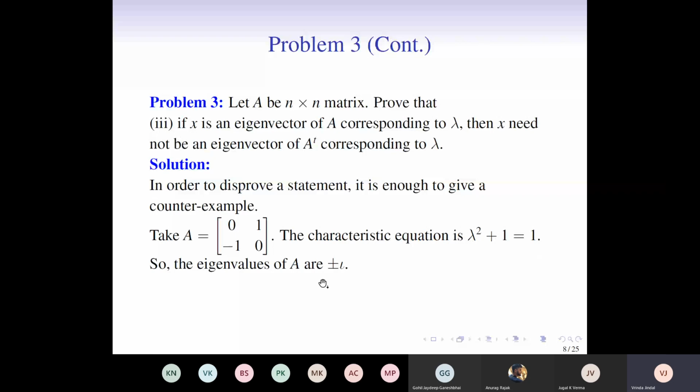So the eigenvalues of A are the roots of lambda square plus 1 equal to 0, which gives lambda equal to plus minus iota. Sorry for that mistake. Let's find the eigenvector corresponding to iota. Say the eigenvector is x1, x2.